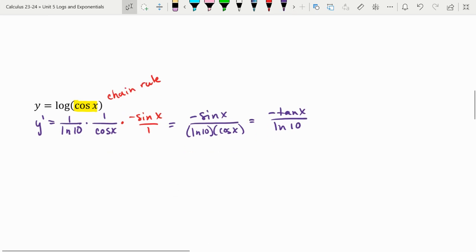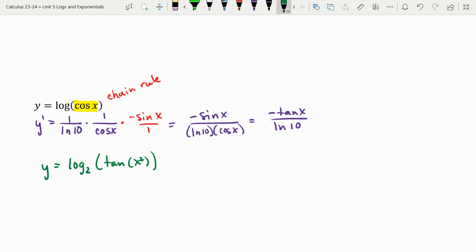So what if I asked you to find y prime if I knew that y was log base 2 of tangent of x squared. Now this one has 2 chain rules.